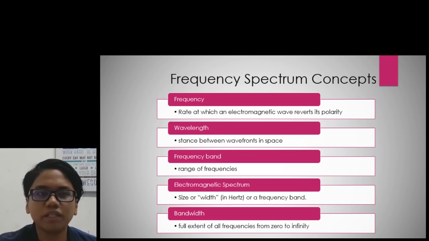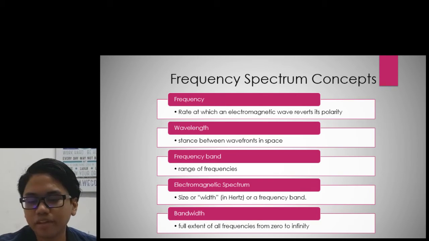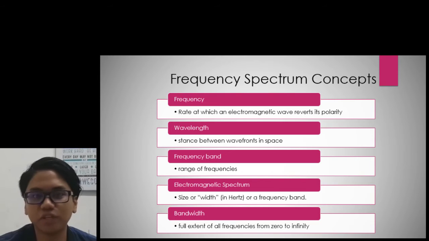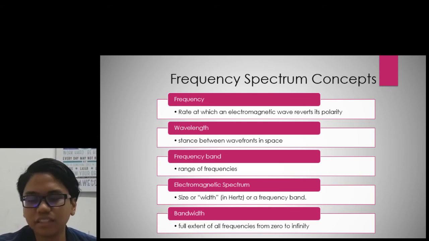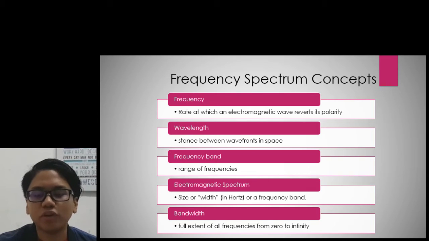For the frequency spectrum concepts, there are 5 factors. The first one is frequency, which is the rate at which an electromagnetic wave reverts its polarity. The second one is wavelength, the distance between wavefronts in space.